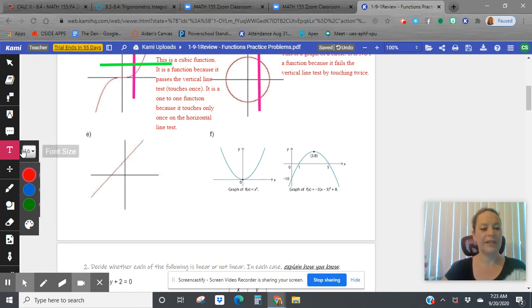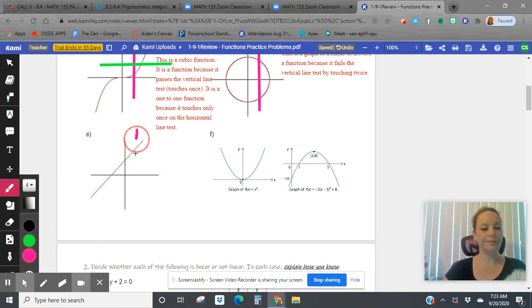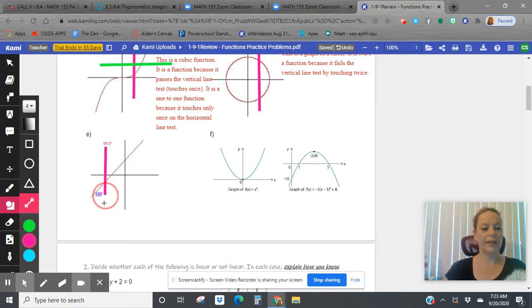Okay, next we just have a linear equation. The linear equation touches once, passes the vertical line test, and touches once, passes the horizontal line test.